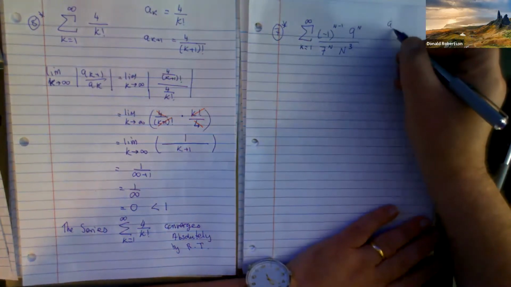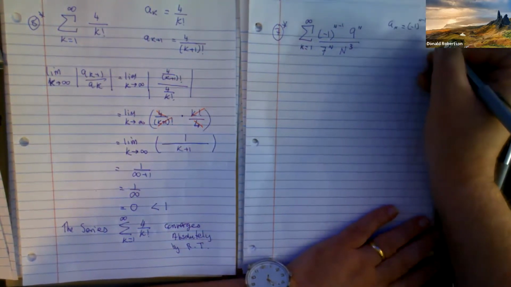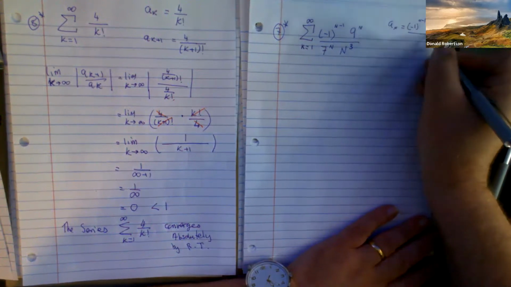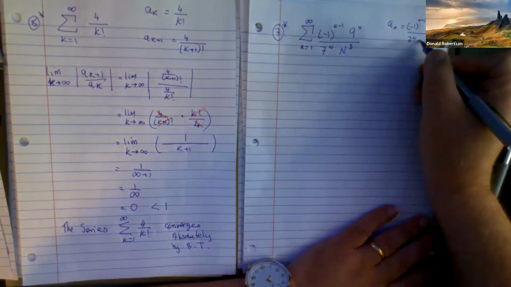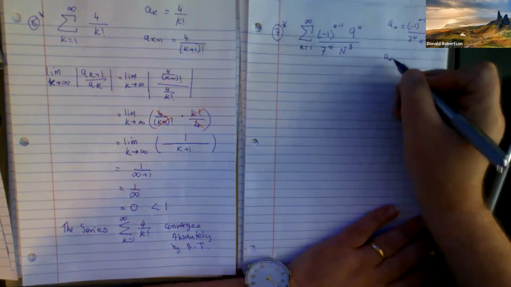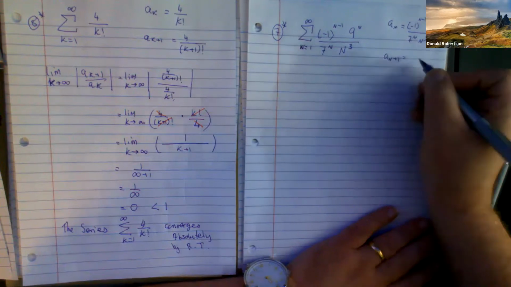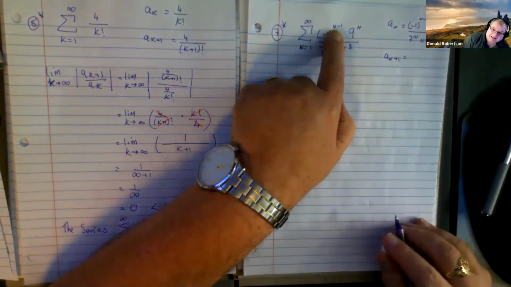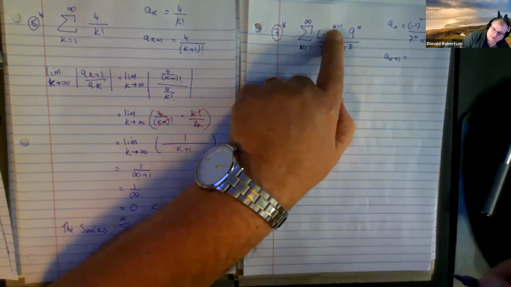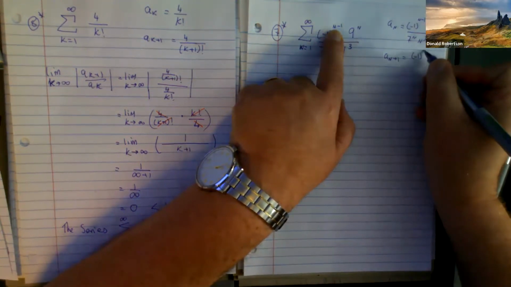The guy that's called a_n is -1 to the n minus 1, 9 to the n over 7 to the n, n cubed. In other words, this guy. The guy that's going to be a_(n+1), that n gets replaced by n plus 1. So n plus 1 take away 1 gets me -1 to the n.